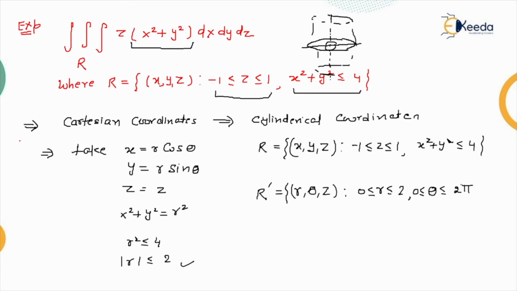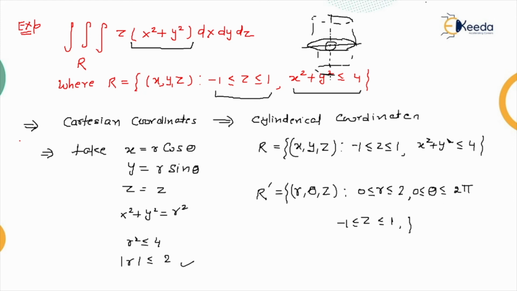Am I right here? And what about z? Z is already given, that is from -1 to 1. Clear? So this is our new limit. Now almost the question is solved, because the coordinates have been changed and the limit we have found, so we will just substitute and find the result.